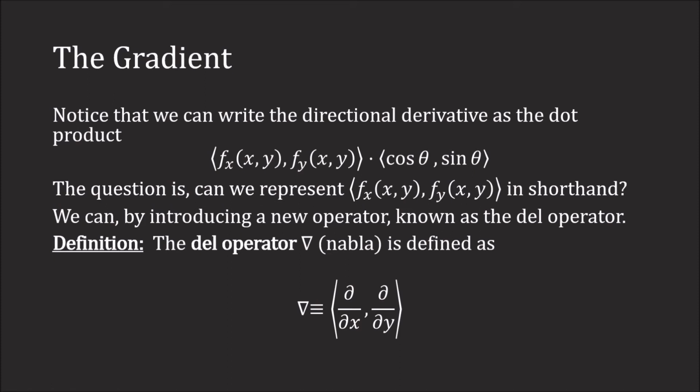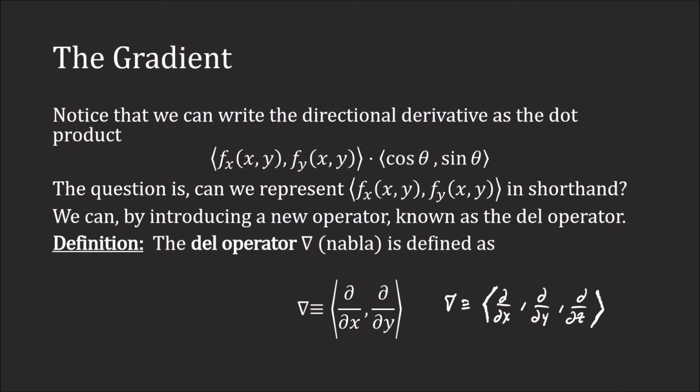The del operator can have as many dimensions as needed by simply adding the appropriate partials. So if it was three-dimensional, del would be partial partial x, partial partial y, partial partial z. And again, if we want to go into 4 dimensions, 5 dimensions, whatever, we just add the appropriate number of partial derivatives.